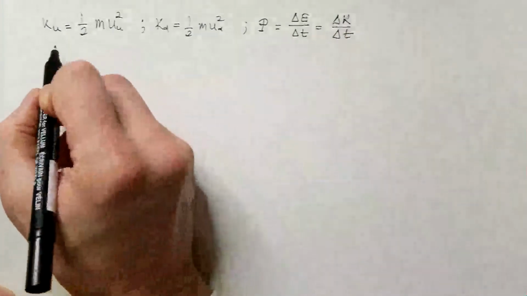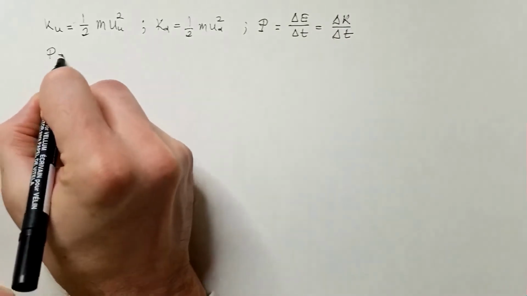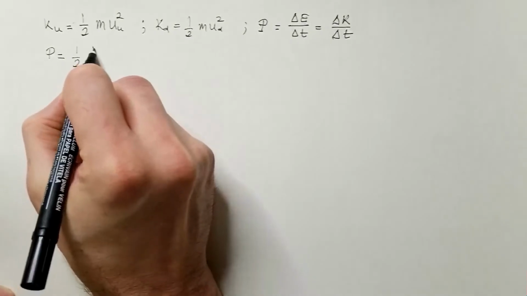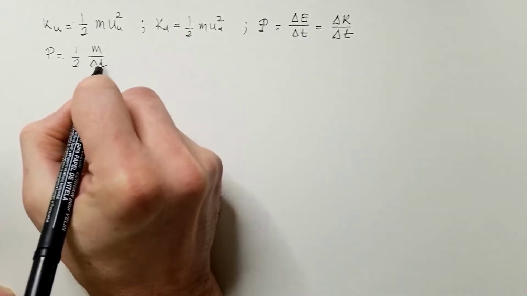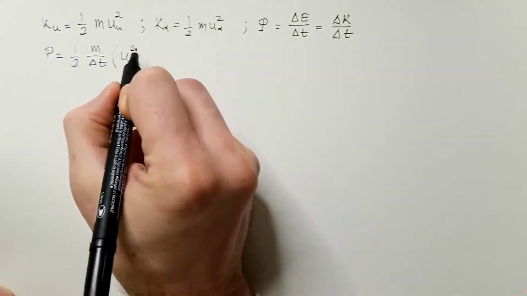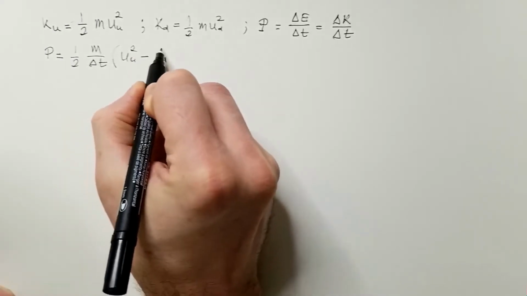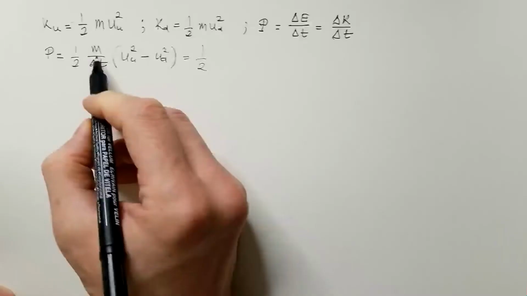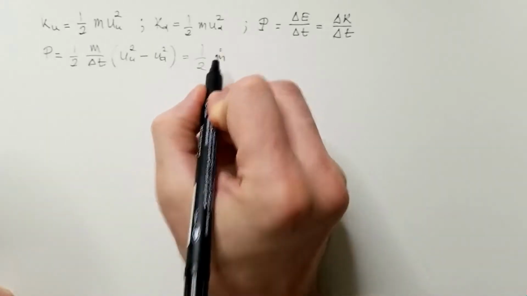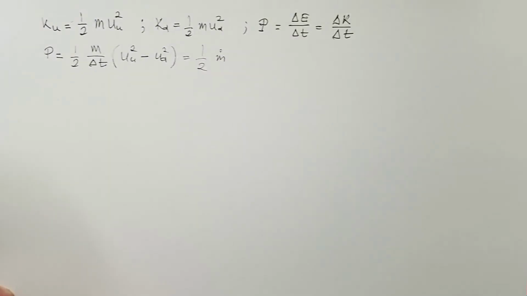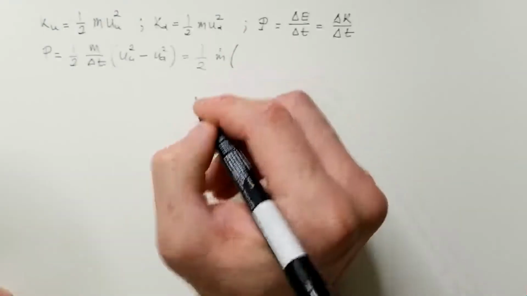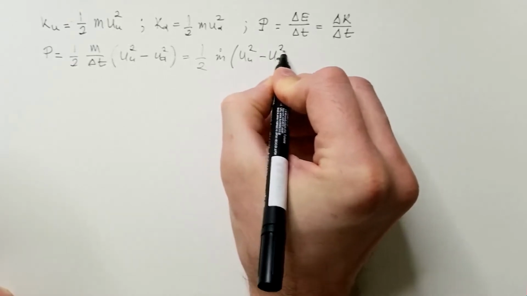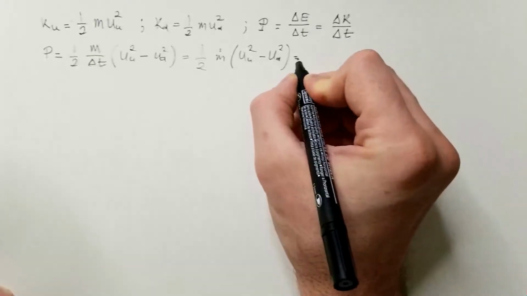So I will get that power is equal 1 over 2 m over delta t, U upstream squared minus U downstream squared. And that is equal 1 over 2 m over delta t, which is again m dot. I demonstrated that on the previous page, times U upstream squared minus U downstream squared.